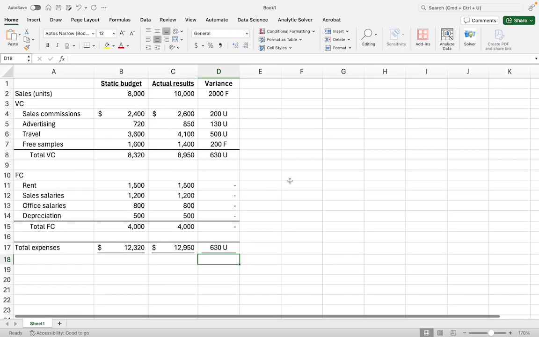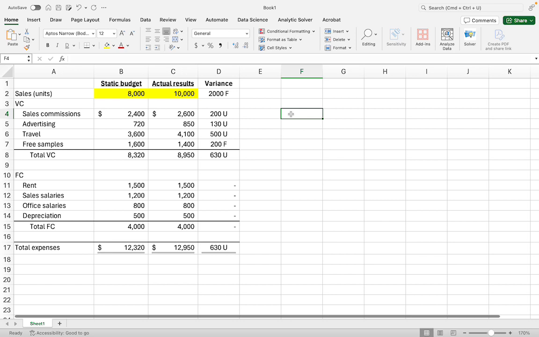The problem with the president's analysis about Joe not being able to keep costs under control is that the president is comparing apples to oranges, so to speak. The static budget, the original budget, was prepared with a projection of 8,000 units sold. The actual results were 10,000 units sold. Now, the problem with that is that when you sell more items, you would expect the variable costs to go higher.